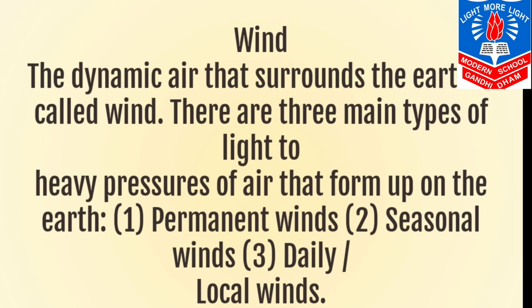Now there are three main types of light and heavy pressures of air that form upon the surface of the earth. कैसे हैं? There are three main types of light to heavy pressure that are formed on the surface of the earth. First one is permanent winds, second one is seasonal winds, and third one is daily or local winds.